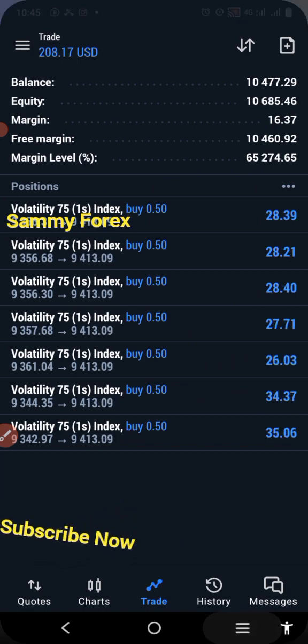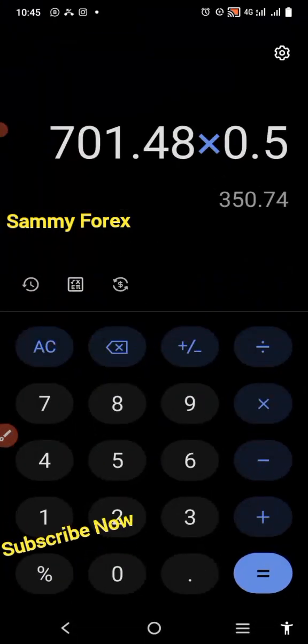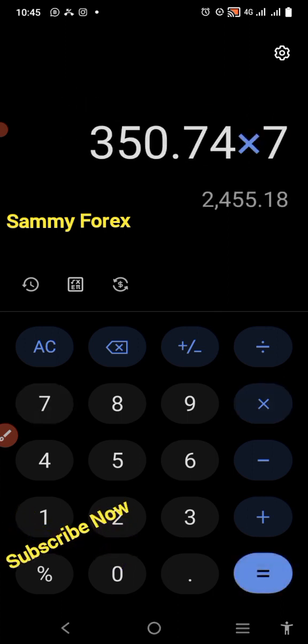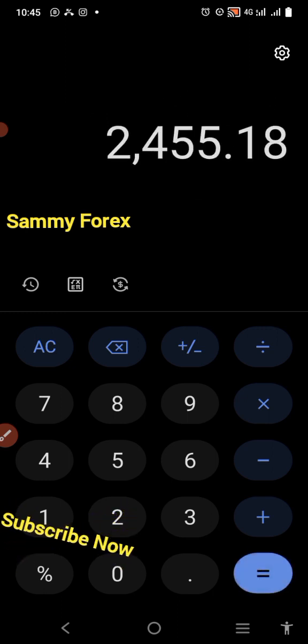Remember we have 7 entries, and this is just for one, so times the number of pairs you've opened, you'll be making $2,455 from that market if it goes your way.